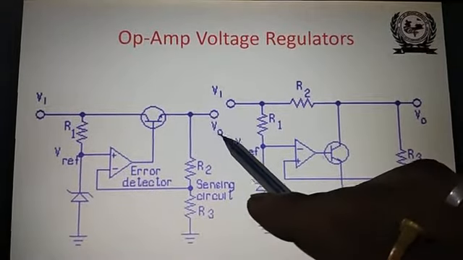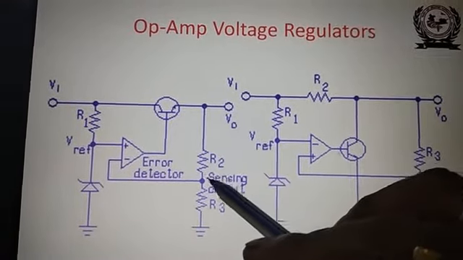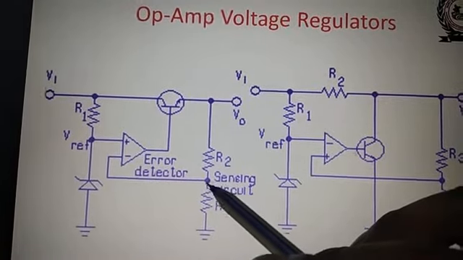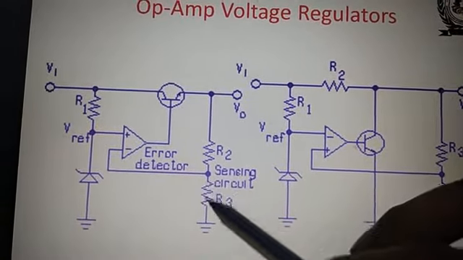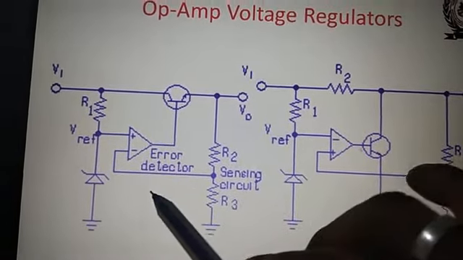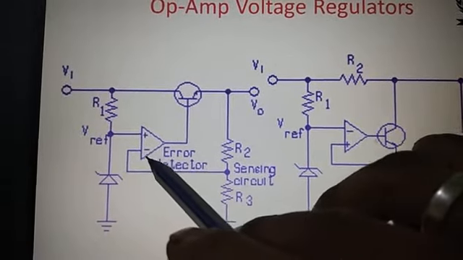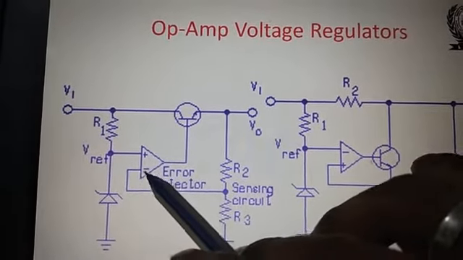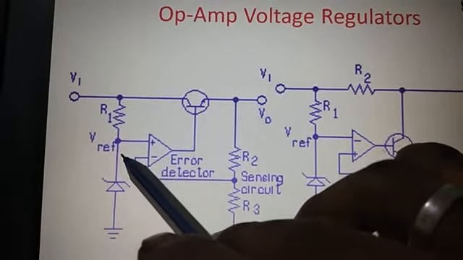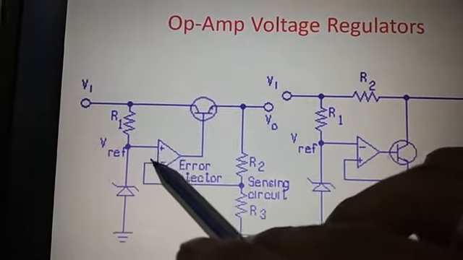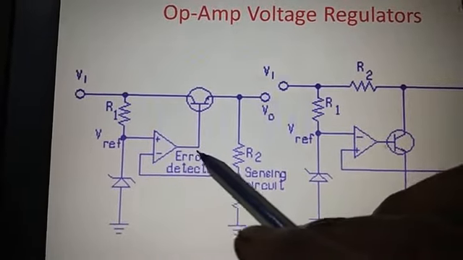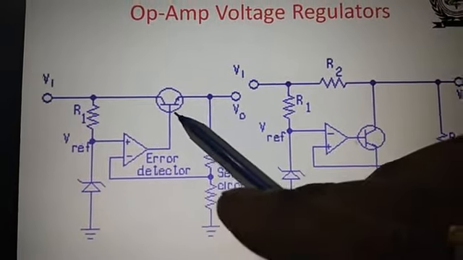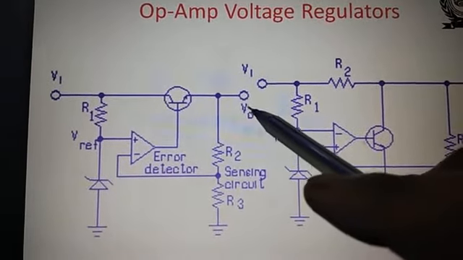If there is a change in the output, there will be a change in this reference feedback voltage, that is the drop across this R3, and this change in output will be applied to the inverting terminal of this error amplifier, that is op-amp, and this output voltage is compared with this reference voltage. If there is an error, this error will be produced by the operational amplifier, and this error will control the base current, and accordingly it will control the output voltage.